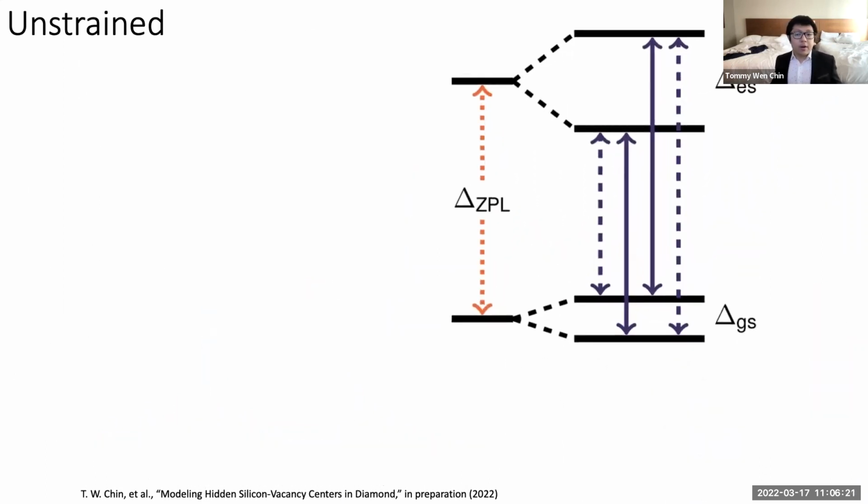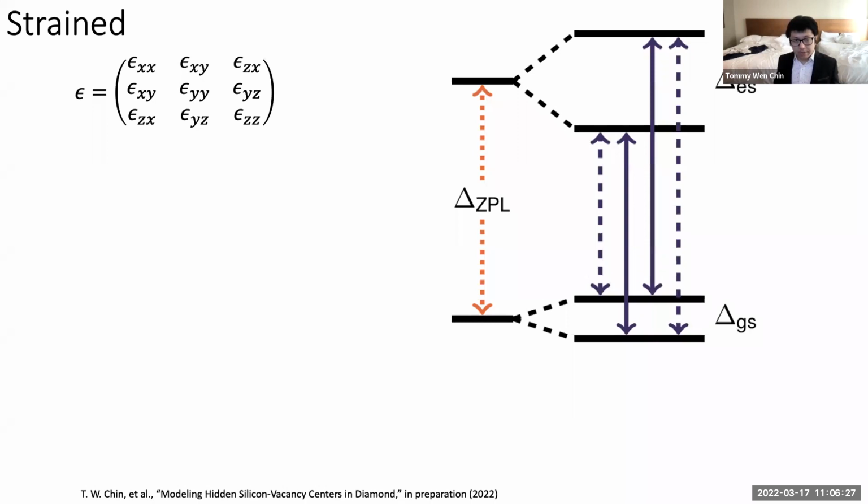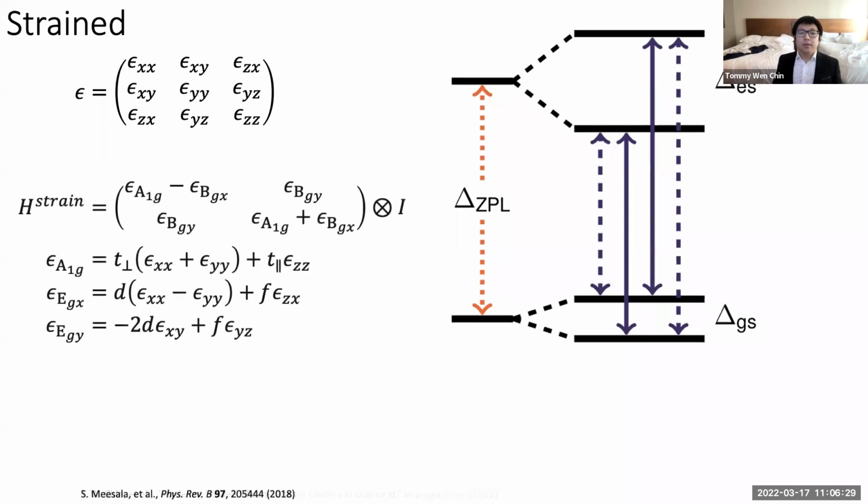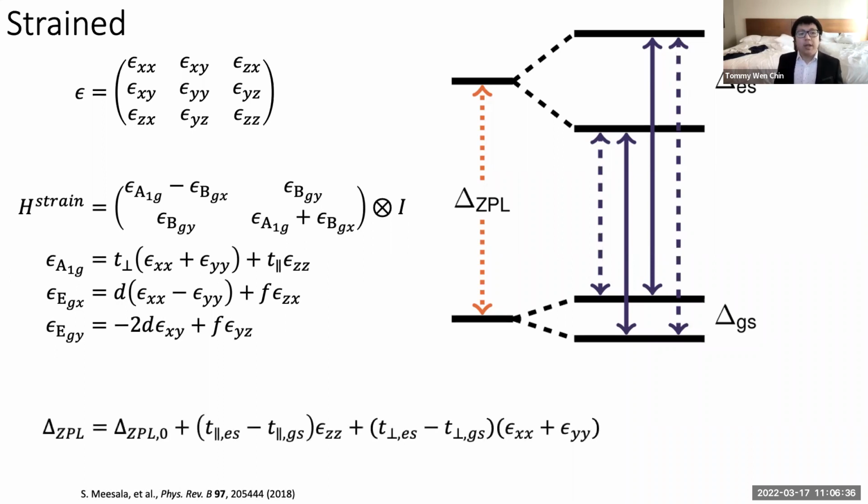Now that we have our unstrained 4-state system, we can start incorporating the effects of strain. Employing group theory, Meesala et al. write down the Hamiltonian for the strain and derive the delta ZPL in terms of the strain components. By varying the strain, we can perturb the delta ZPL splitting.